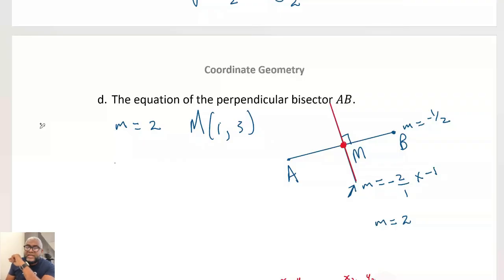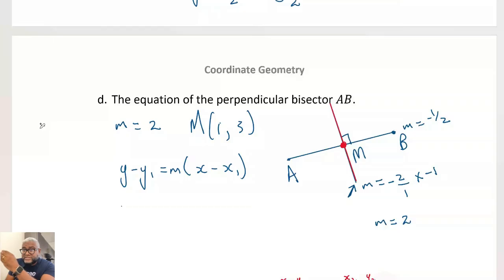Give me the formula for the equation of a line, Roshana. Y minus y1 is equal to m open brackets x minus x1 close brackets. That's 2. Isabel, give me the next line here.